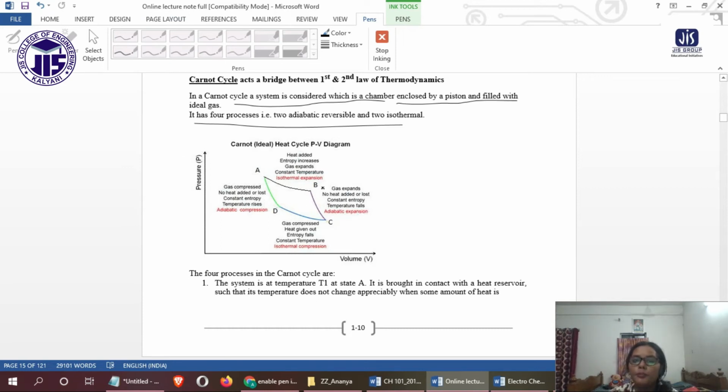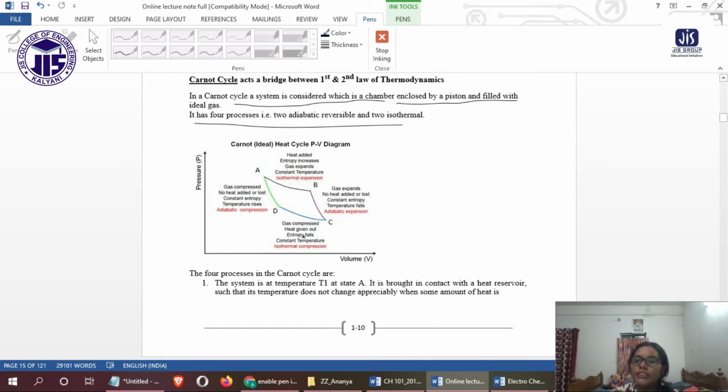During the A to B step, heat is added, entropy increases, and the gas expands at constant temperature, as this is isothermal expansion. From B to C the gas expands, no heat is added or lost, entropy is constant, and the temperature falls, as it is adiabatic expansion.